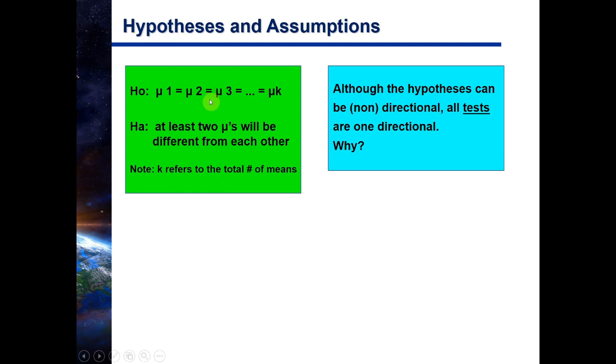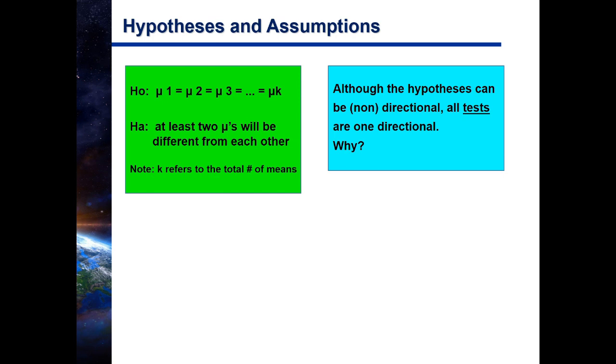Now, notice that these hypotheses, all right, these are non-directional. Can we write directional hypotheses for ANOVAs? Yes, we can. We can speculate, right? Well, that sounds wishy-washy.